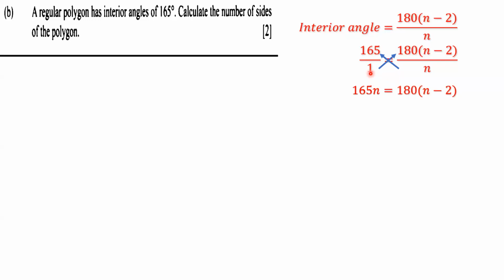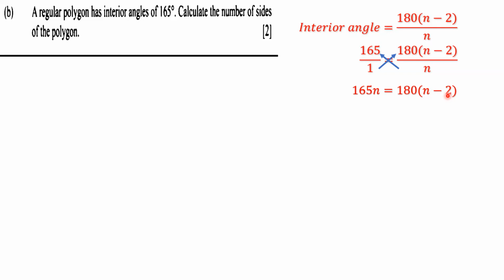Why? Because 1 times any quantity is the quantity itself, because 1 times 2 is 2, 1 times 3 is 3, 1 times 4 is 4, all right?